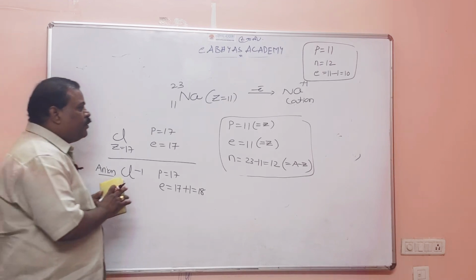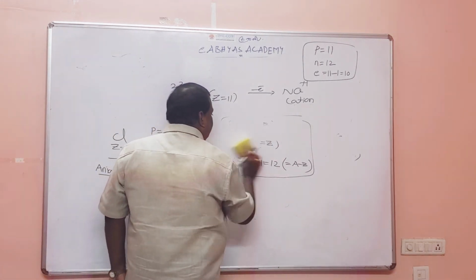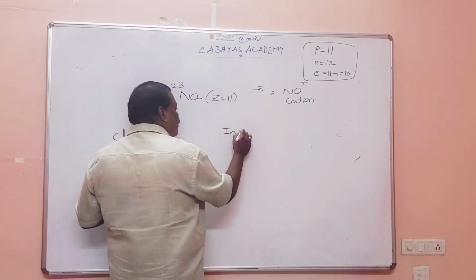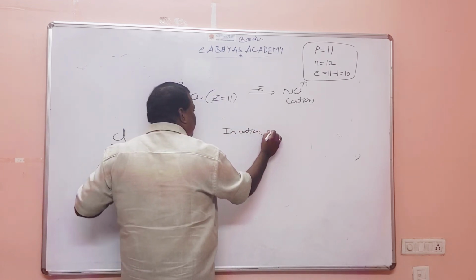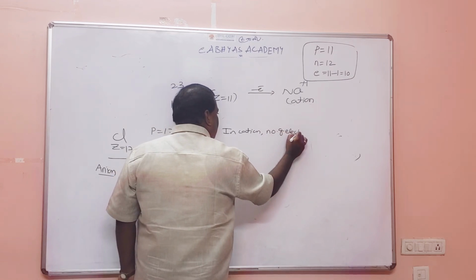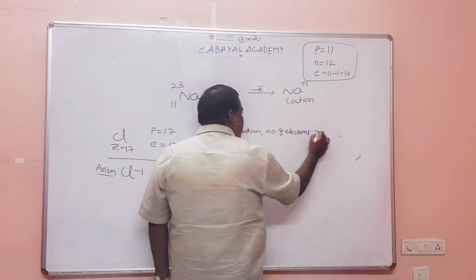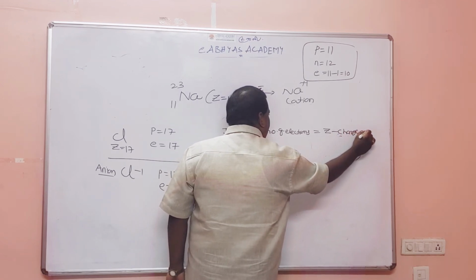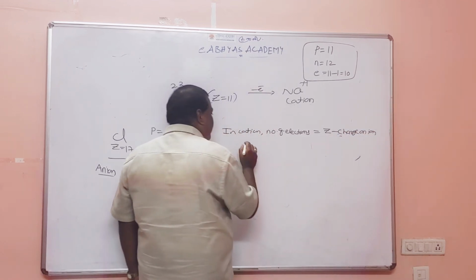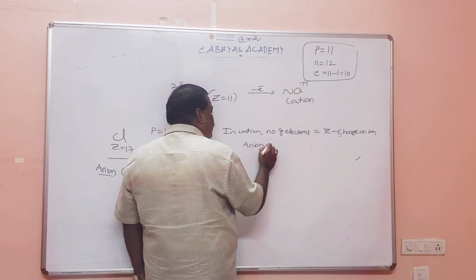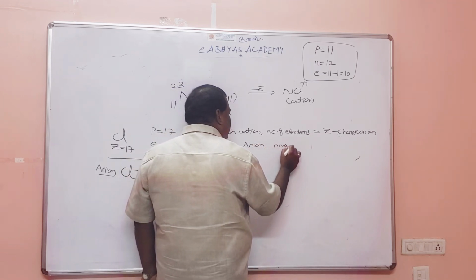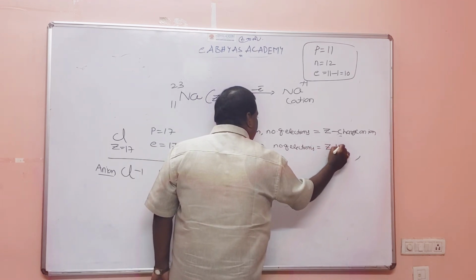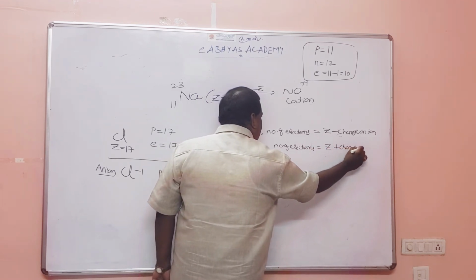So two important points from this discussion. In a cation, number of electrons is equal to Z minus charge on ion, whereas in an anion, number of electrons is equal to Z plus charge on ion.